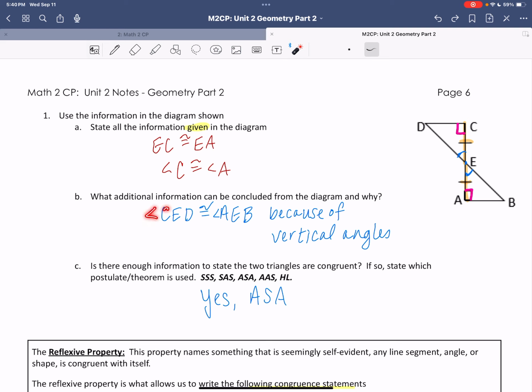So angle CED is congruent to angle AEB. And that's shown here on your diagram because of vertical angles. So now, we said before, we were given an angle, we were given a side, and then we have another angle. So this would be angle, side, angle. So you can prove that they're congruent by using angle, side, angle.